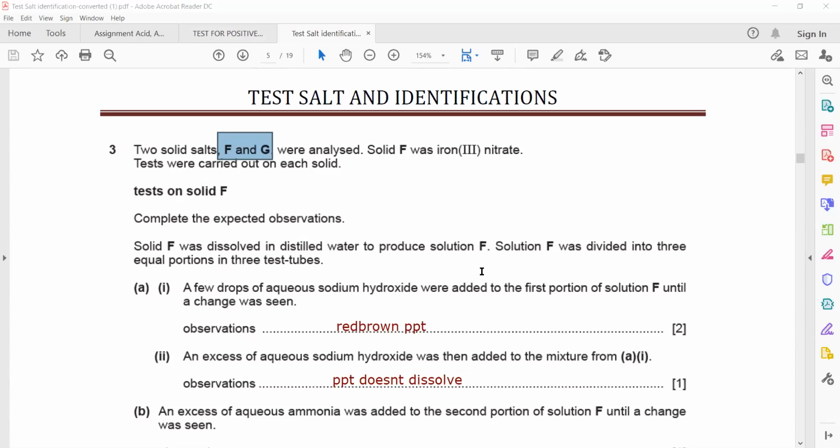So how you can answer this question? You can only answer this question once you memorize the table. This question cannot be answered without memorizing the color of the precipitate for different ions. Same way, is it clear to everyone how the question will come related to this? Then there's another test.